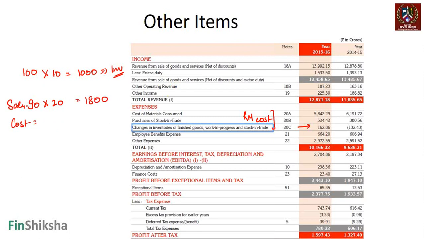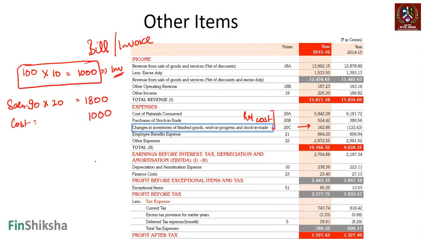When you're constructing the financial statements, they will be generated from what bills the company has generated, right? Now the bill for the company will say this. So that's a bill or invoice that the company would have gotten when they bought the raw materials, right? So the bill says that you have a cost of 1000 because you've paid this money and this is an expense, right?